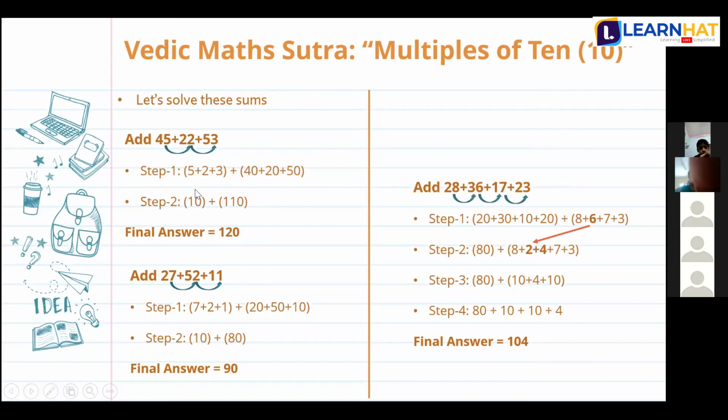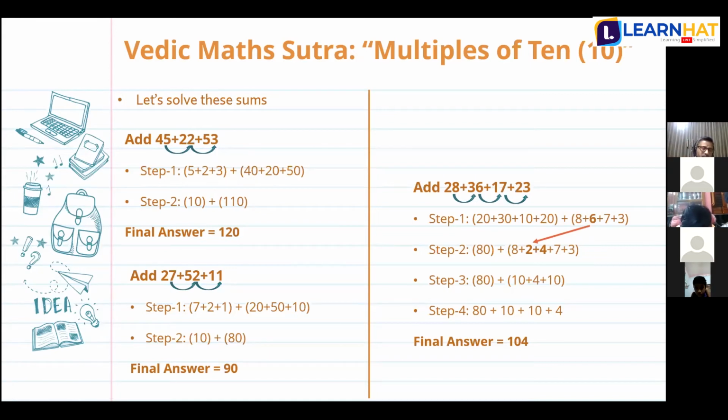Next step, 5 plus 2 plus 3: 5 plus 2 is 7, 7 plus 3 is 10. Here 4 plus 2 is 6, 6 plus 5 is 11. Then 0 plus 0 plus 0 is 0. So it becomes 110. Then 11 plus 1 is 12, and 0 plus 0 is 0. So the answer is 120. Like that you should take all the ones and all the tens to make multiples of 10.